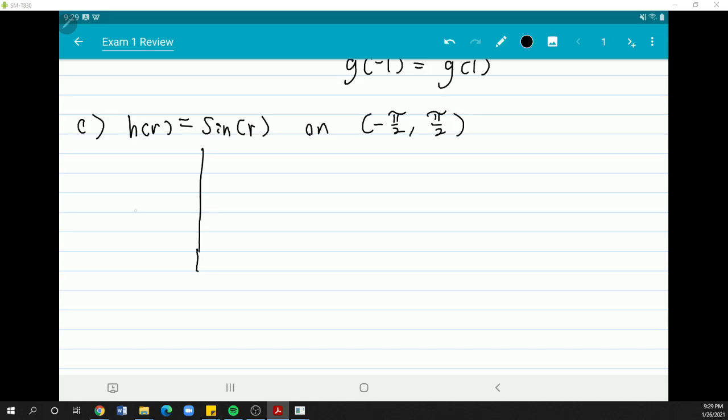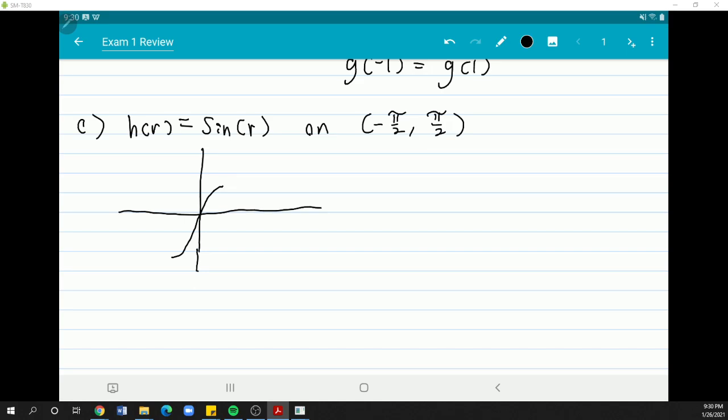Let's make this a little longer. So from minus pi over 2 to pi over 2, the sine function is going to look something like this, right? Not the best picture, but roughly like that.